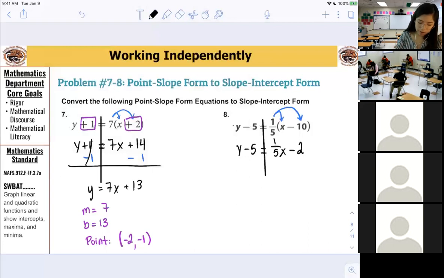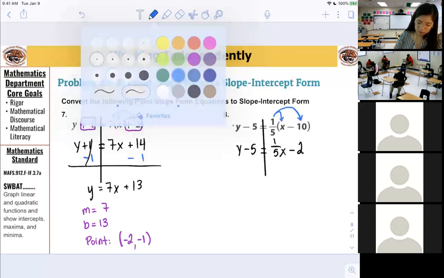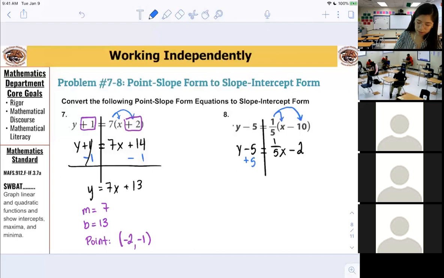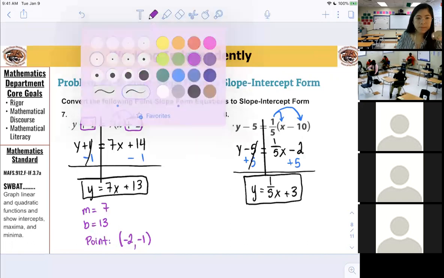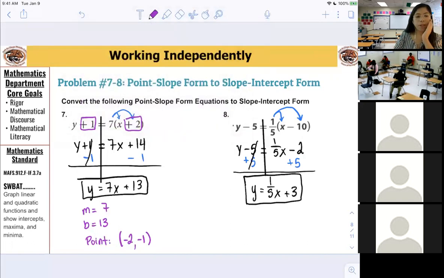And then I need to add 5 to both sides, and I'm adding it to that negative 2. Negative 2 plus 5 gives me 3. Positive 3, good. So there's my equation. What are the 3 things I know? Or what's one of the 3 things?